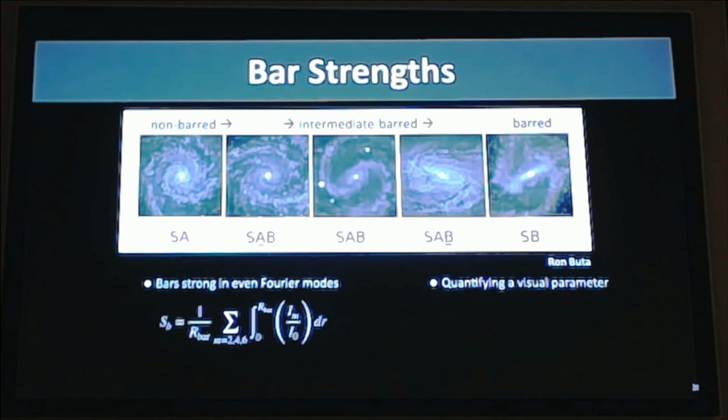You just know that visually. But what does that even mean? Nowadays there are many methods, but we opted to use a decomposition of our azimuthal light profiles to characterize the bar strength itself. And again, we'll go over that in relation to HSBs later on. But we do find that bars in LSBs are rather weak.